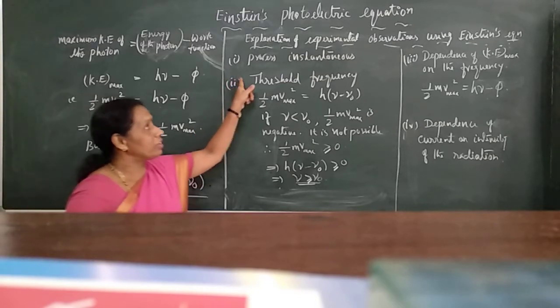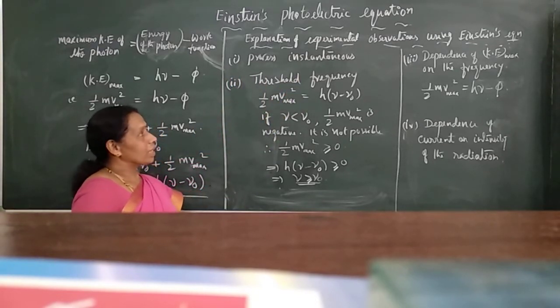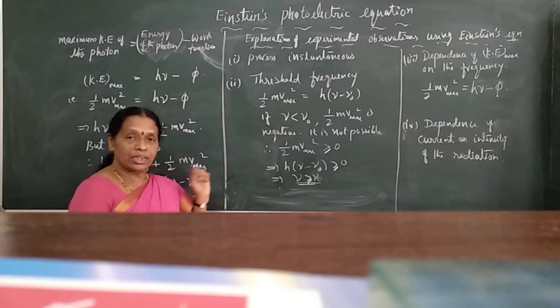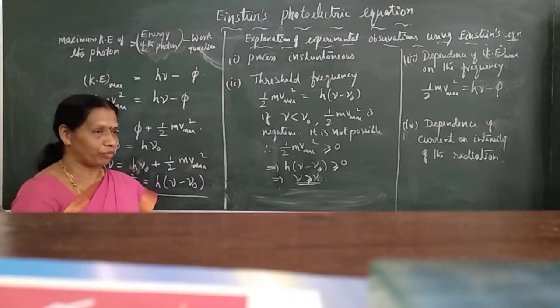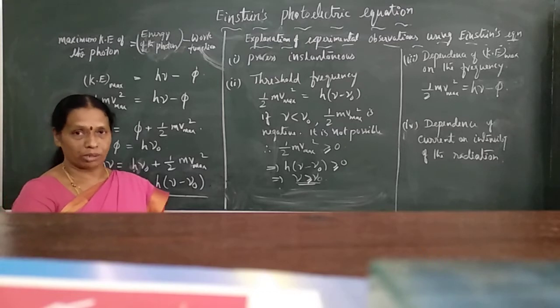That's why the process is instantaneous. The second observation is that the incident radiation should possess a minimum frequency called the threshold frequency, otherwise there is no photoemission.